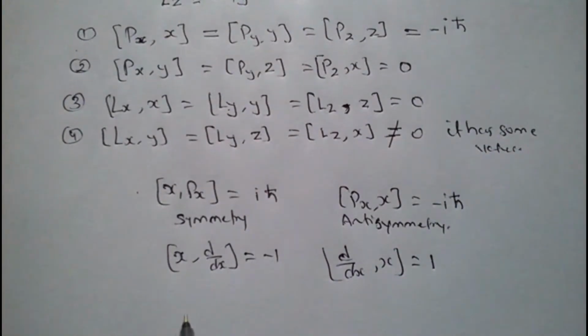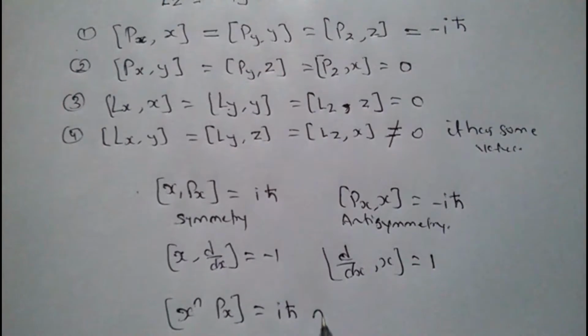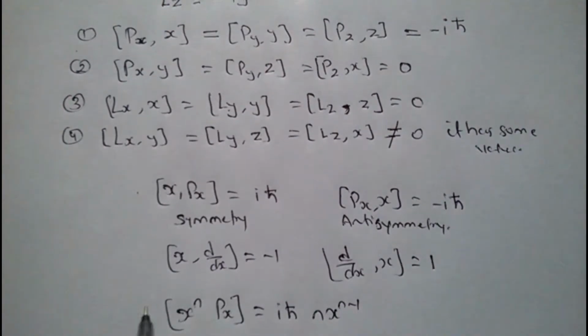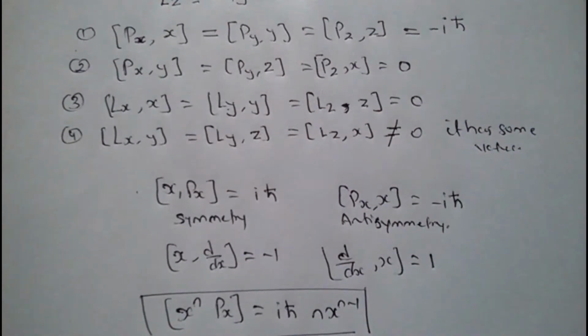And second thing, if we raise the power of x raised to n, px, so we have i h cross n x raised to n minus 1. In the previous video I have explained the same, x, px raised to n, so i h cross n px raised to n minus 1.